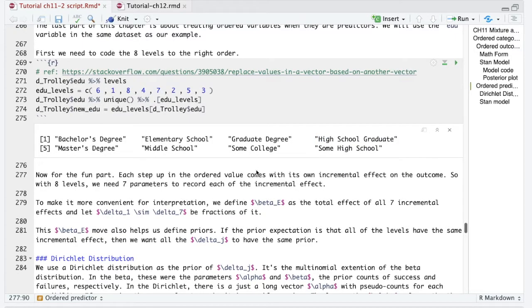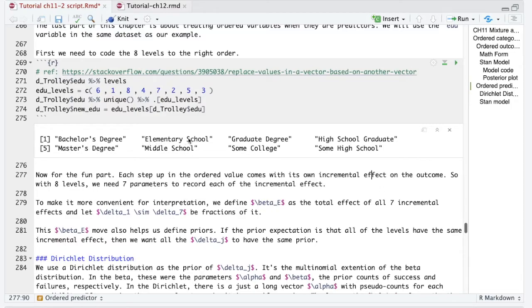And to make it more convenient for interpretation, we can even define the total effect of the education variable as beta E for education, and make the incremental effects on the proportion scale.